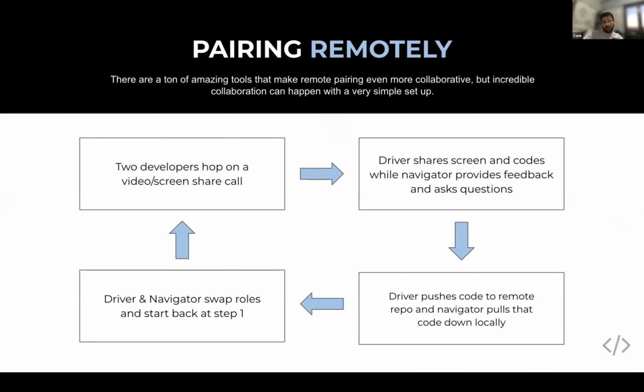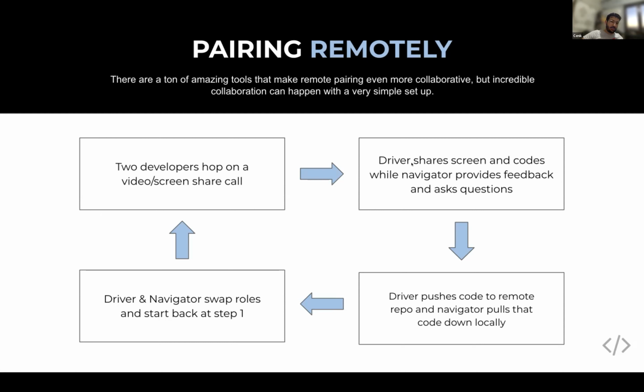When pairing remotely, there are a ton of amazing tools to make remote pairing even more collaborative, but incredible collaboration can happen with a very simple setup. How does it go? Two developers hop on a video screen share call. The driver shares a screen and codes while the navigator provides feedback and asks questions. And this lasts a while.